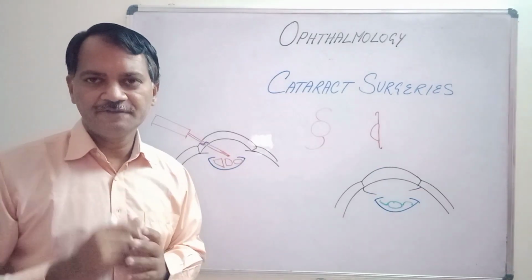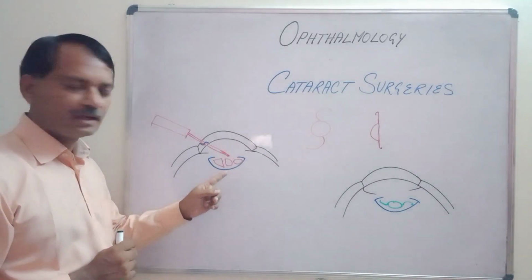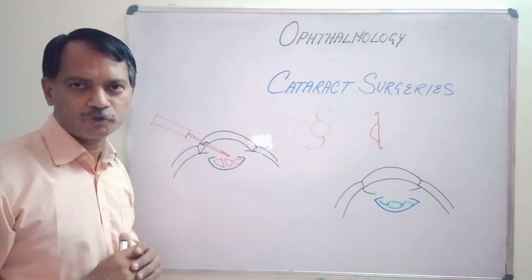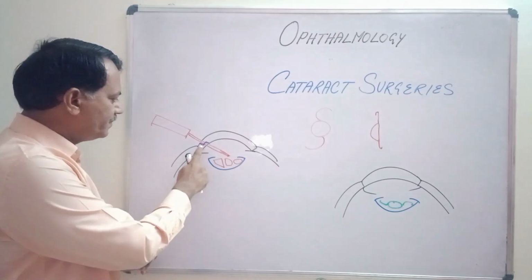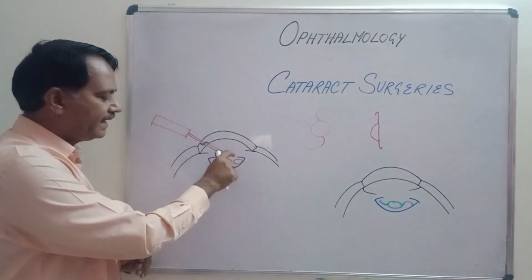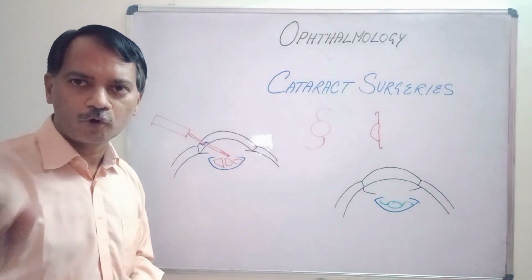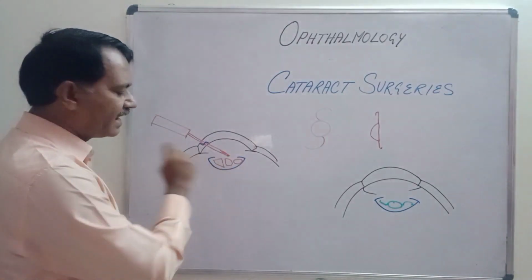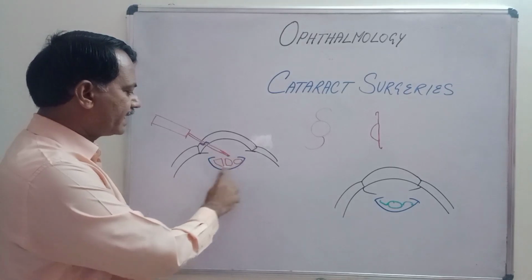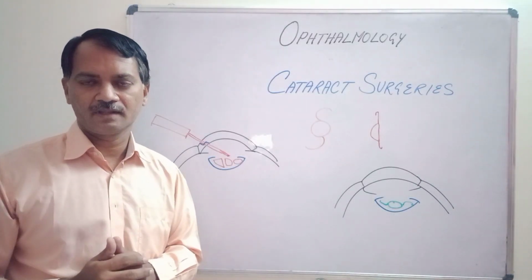In phacoemulsification surgeries, after doing this capsulorhexis, that is a central curvilinear capsulorhexis, through the 3-planar incision made in the clear corneal periphery, we take the ultrasonic probe, that is the phacoemulsifier probe, and we reach the capsule. In the capsule, you see that the cataractous portion is broken down into pieces.